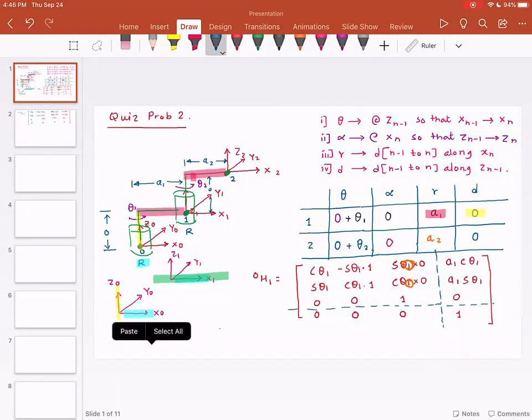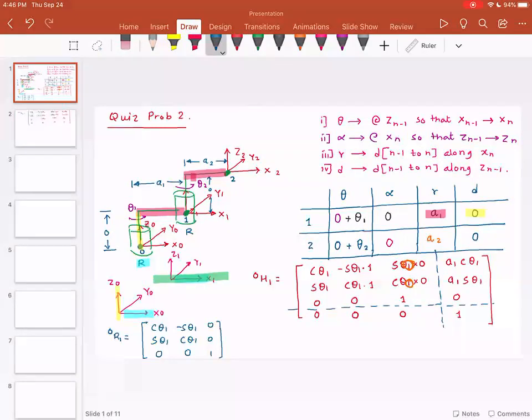For an example, if I were to find 0h1 with the regular technique that we talked about, first you will do 0r1, and for 0r1 the rotation is about z. So you will have cosine theta 1, minus sine theta 1, 0, sine theta 1, cosine theta 1, 0, 0, 0, 1.